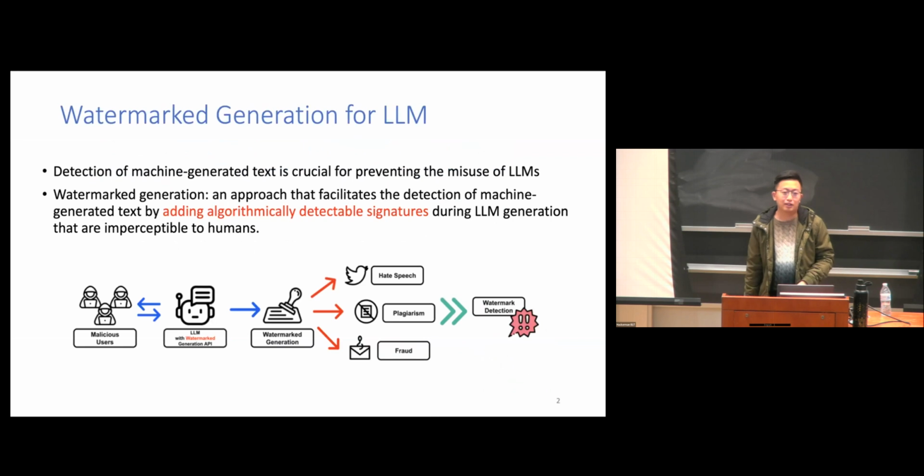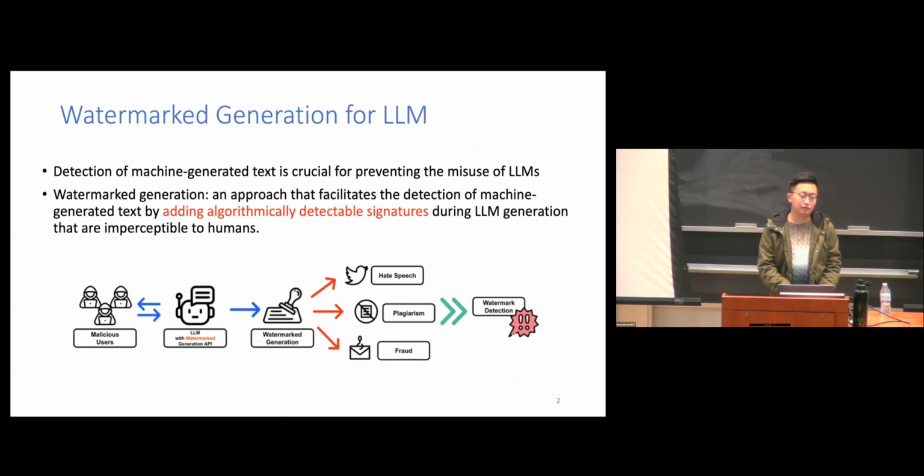So let me start my talk by explaining why watermark generation is needed for large language models. That's because LLMs are becoming more and more powerful. The detection of machine-generated text has become crucial to prevent the misuse of LLMs.